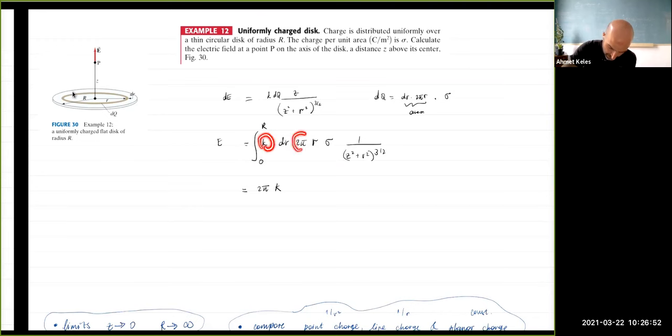k 2 pi sigma, integral from 0 to r dr times r, right? And 1 over z squared plus r squared to the 3 over 2.